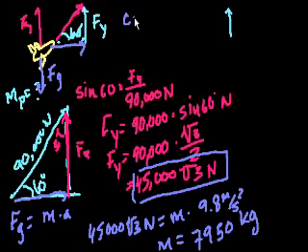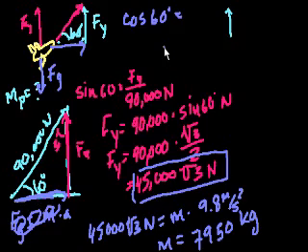So we know that the cosine of 60 degrees, and you might want to review your trigonometry if this is a little confusing, I have tons of videos on it, is equal to the force in the x direction. This is the force in the x direction, right? Force in the x direction over the hypotenuse, which is kind of the total force, or this magnitude right here, over 90k. Let me just write 90k for simplicity.